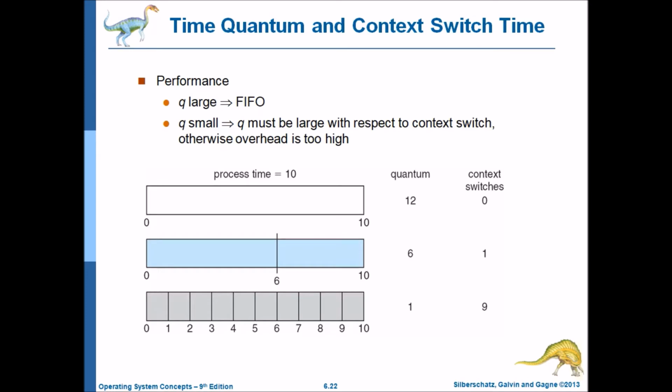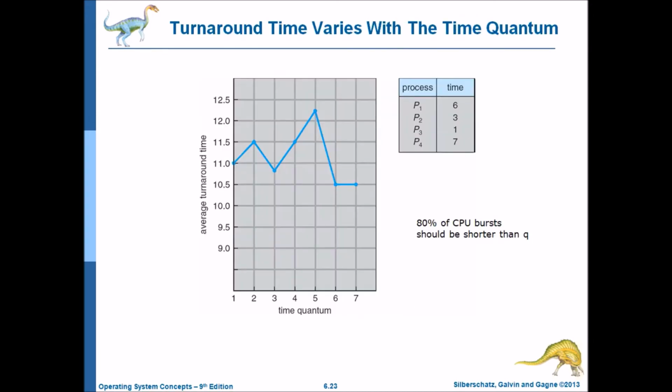As I said earlier, the performance of the round-robin scheduling algorithm is sensitive to the time quantum selected. The turnaround time also varies with quantum time in a non-apparent manner. Consider, for example, the processes shown in the figure, P1 to P4 with burst times of 6, 3, 1, and 7 respectively.